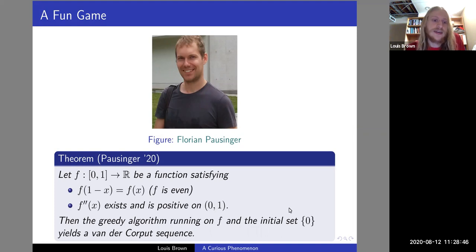And here I say a van der Corput sequence and not the van der Corput sequence because of course we had some arbitrary choices where we had multiple minima and we just picked one, but we'll always get a van der Corput sequence and we can pick the points in such a way that we get the traditional one if we want.